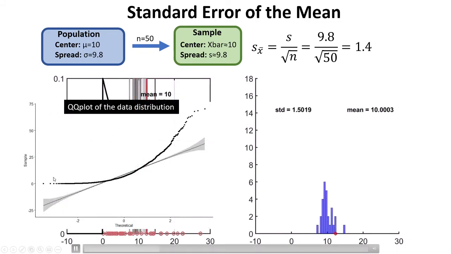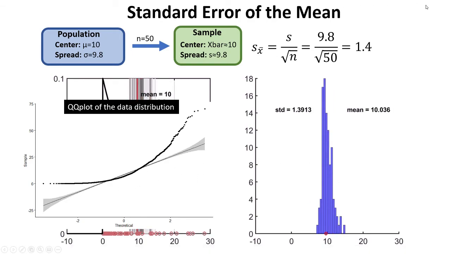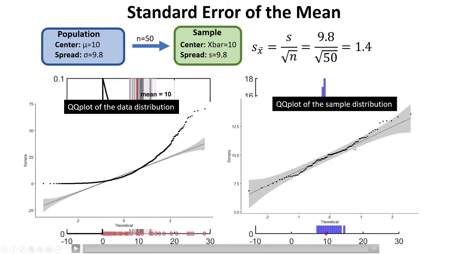Now you can see this QQ plot deviates extremely heavily from the 1-to-1 line that would indicate that it was normal. This is a very non-normal set of data. But if we make the same quantile plot for the sampling distribution, you can see it does a pretty good job at hugging the 1-to-1 line. It is in fact a normal distribution.